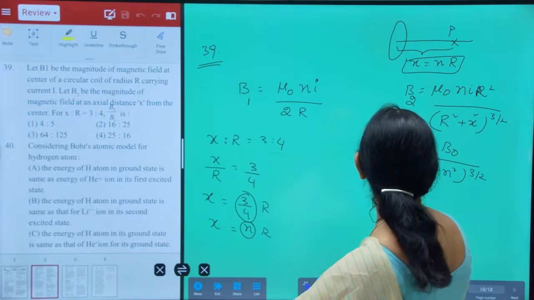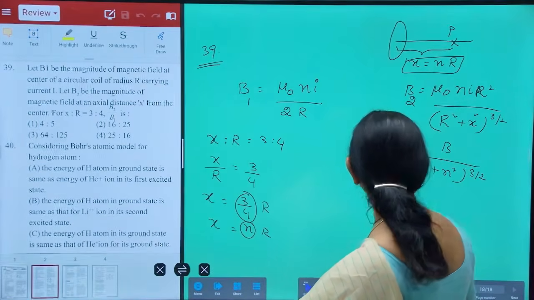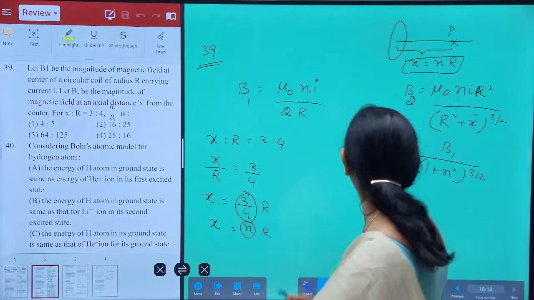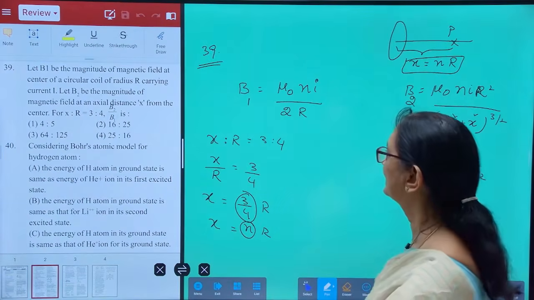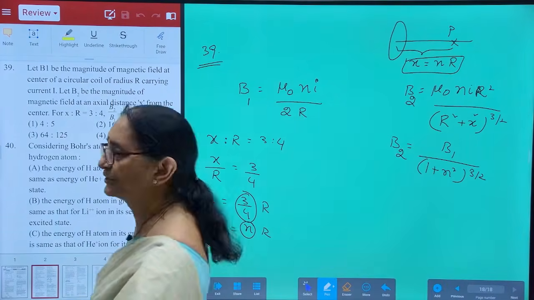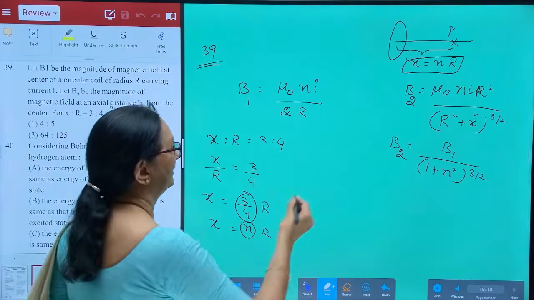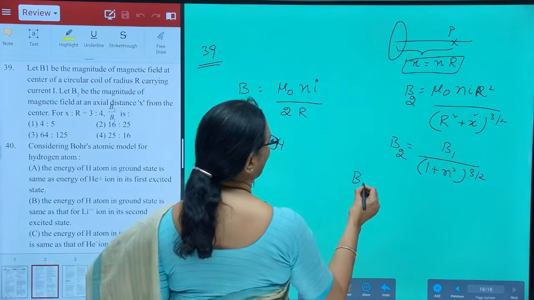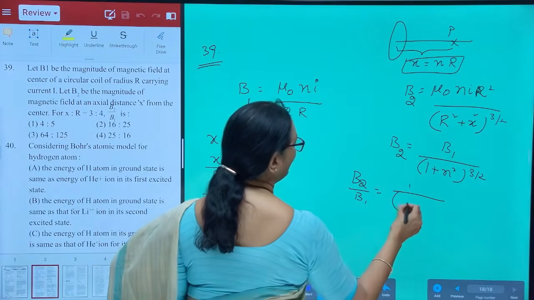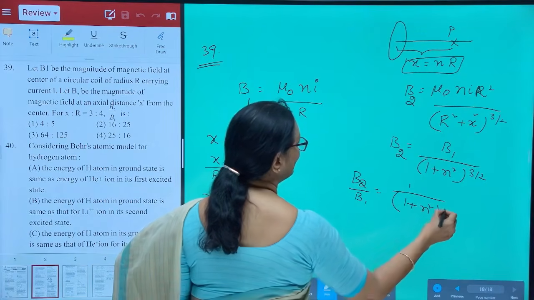This formula we know. B2 is equal to B1 by (1 plus n square) to the power of 3 by 2. You are supposed to find out B2 by B1.